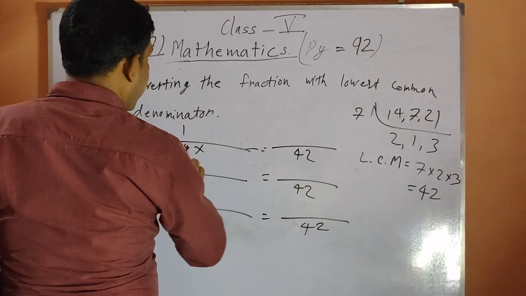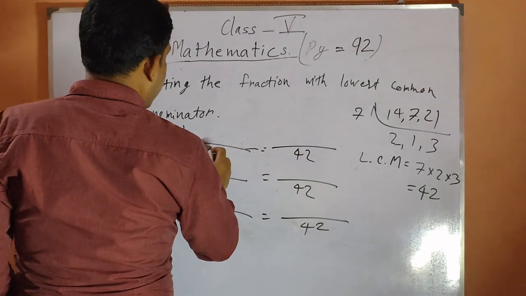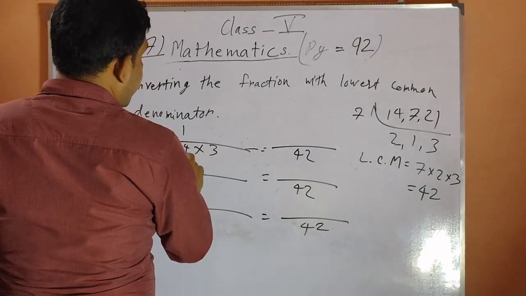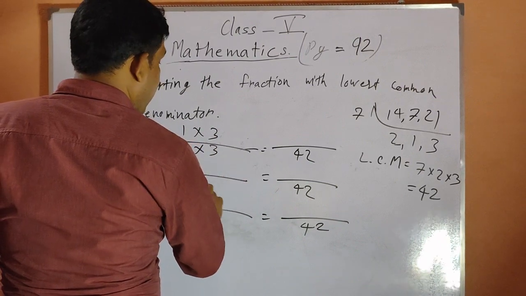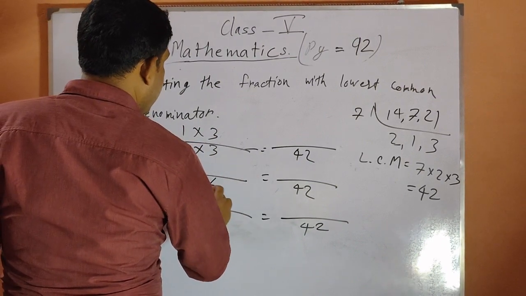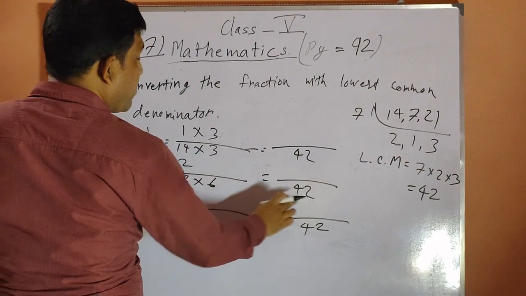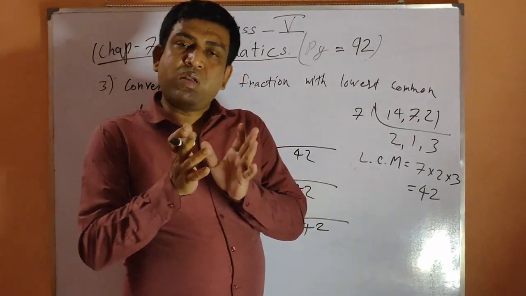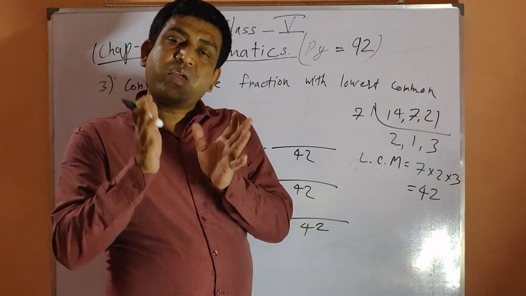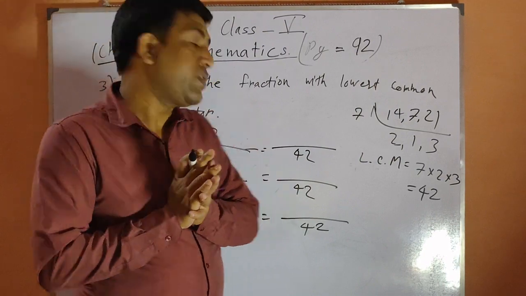So 42 divided by 14, you get 3. That means 14 into 3, here also 1 into 3. Again like this, 42 divided by 7, you get 6. That means 7 into 6, you get 42. And what you multiply the denominator by, the numerator will also be multiplied by it.